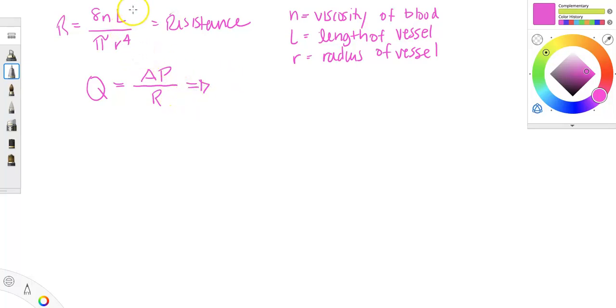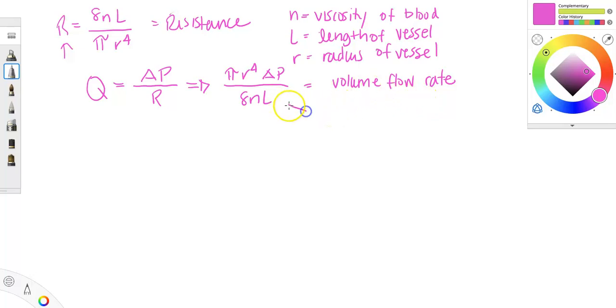So if you put in this equation for R, and you do a little mathematical magic there, which I certainly don't expect you to do, you would get πr to the fourth times delta P, or change in pressure, over 8ηL. And that's volume flow rate. So basically how fast it's moving, right?